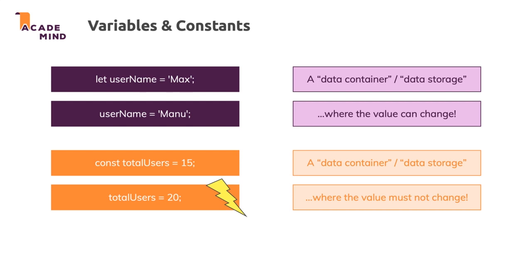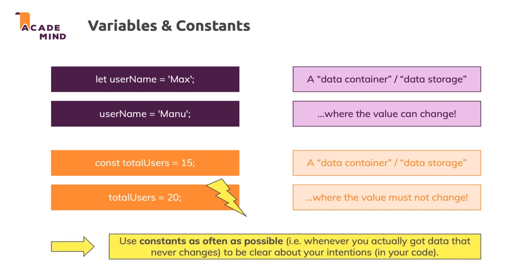The general syntax is keyword, name, and then if you want to store a value right away, equal sign and the value. And also one little hint right away, you typically want to use constants as often as possible, which might sound strange at first because they're restricted in what you can do with them, right? You can't change them, but that's exactly why you want to use them as often as possible.